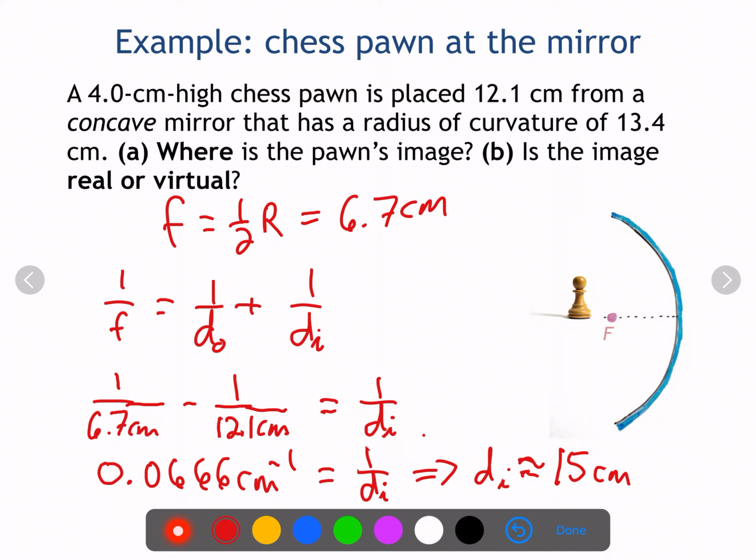And this is positive, this is greater than 0. Which means that not only have I found where the image forms, I've also found whether or not it's real or virtual. If it's a positive value, then that means it's a real image and that it has formed a distance of 15 centimeters away. Notice that we started off 12 centimeters away, so my image is going to form out here.